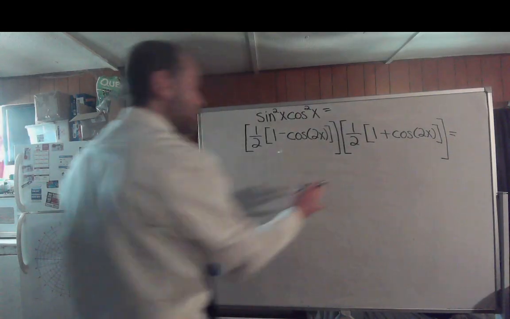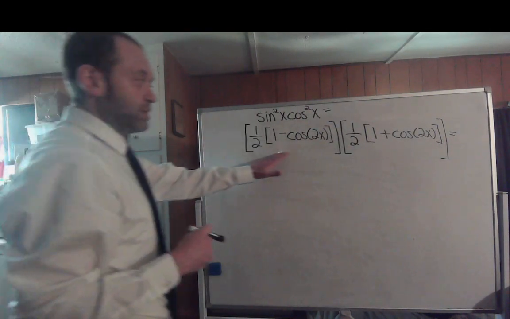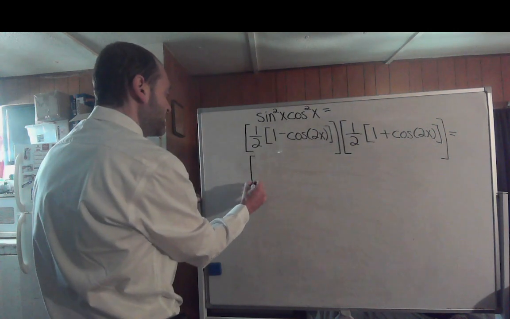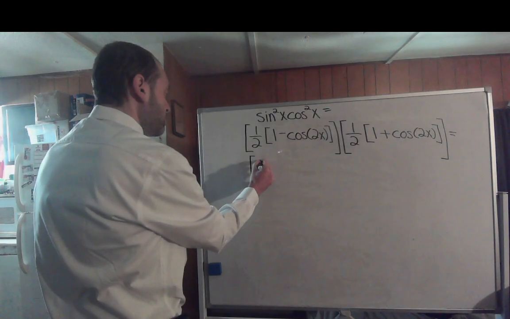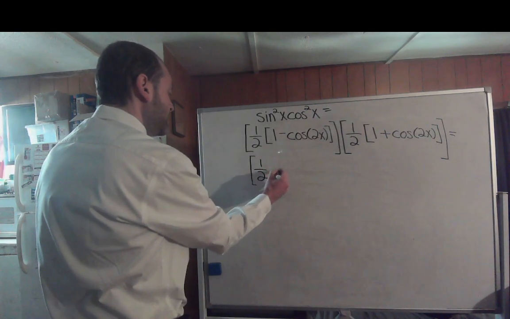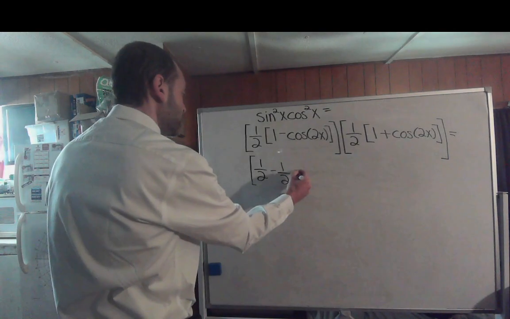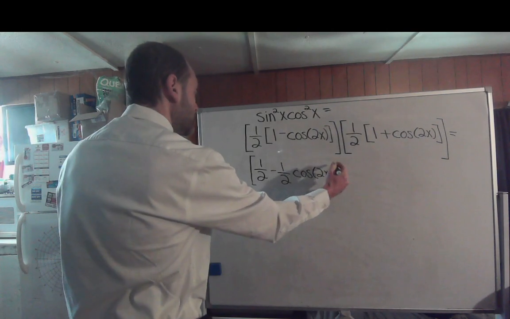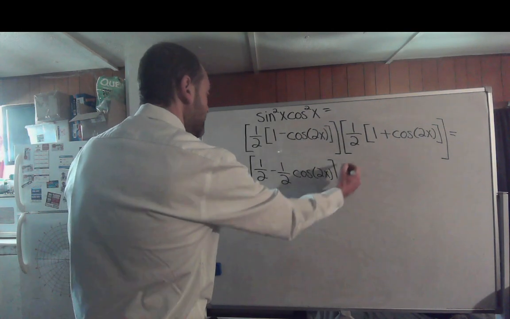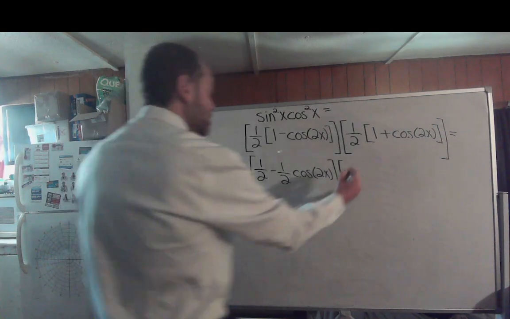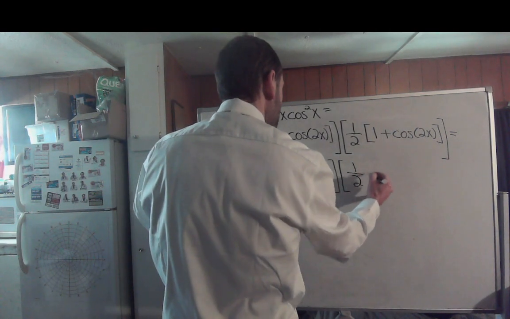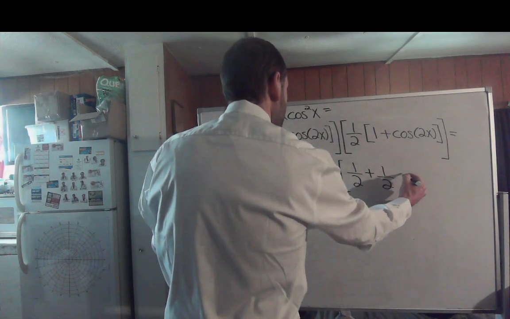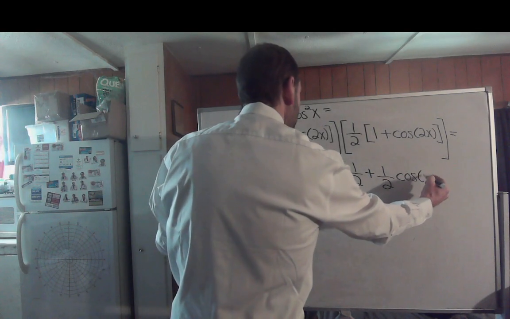So before we go to FOIL, why don't we distribute the 1/2 in each of these to make life a little bit easier? So this would end up being 1/2 minus a half of the cosine of 2x, that quantity times 1/2 plus a half of the cosine of 2x.